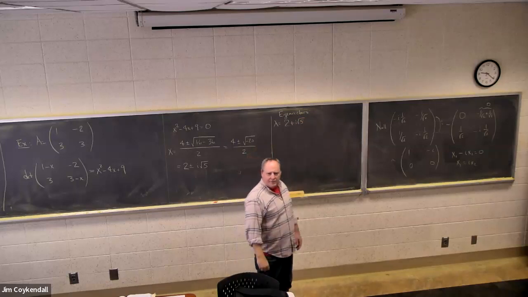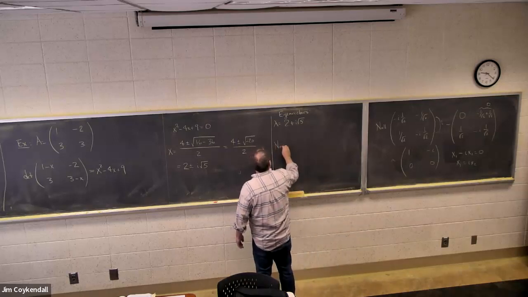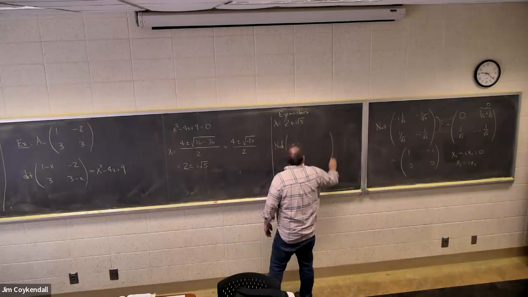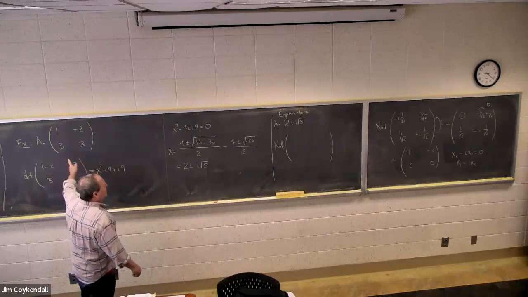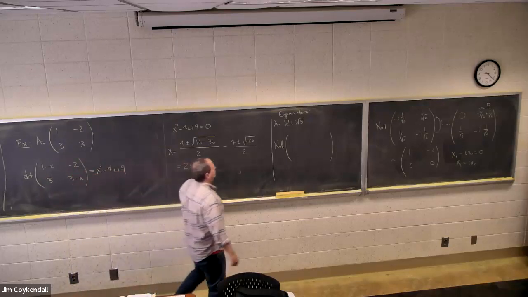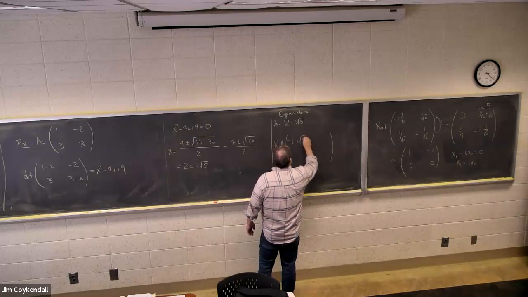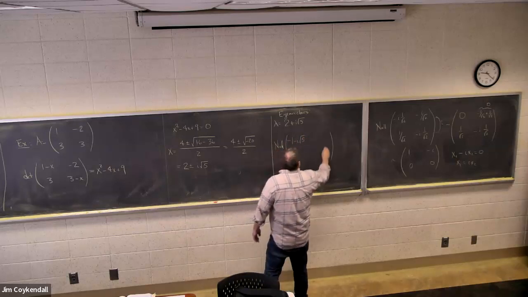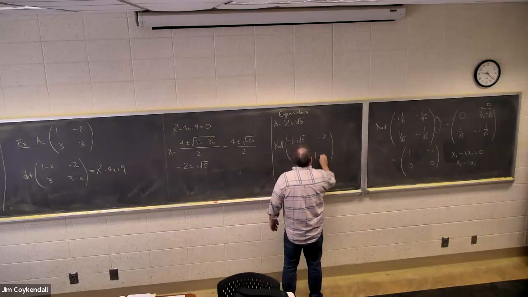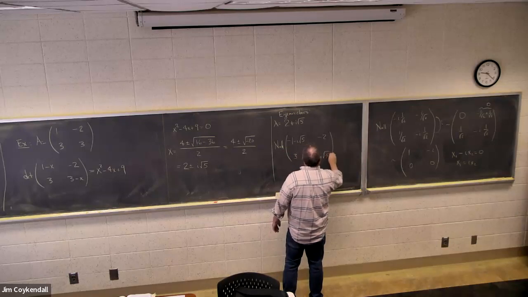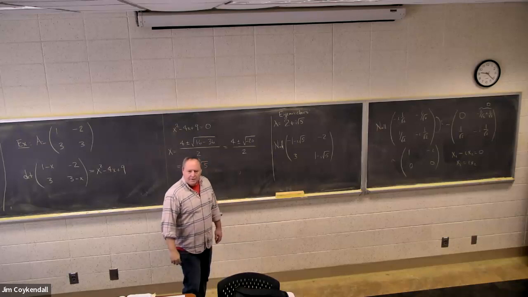Let's do this one first. So what we're looking at is the null space. Let's subtract this off the diagonal. So I'm going to have what? Negative 1 minus i radical 5, minus 2, 3, and 1 minus i radical 5.